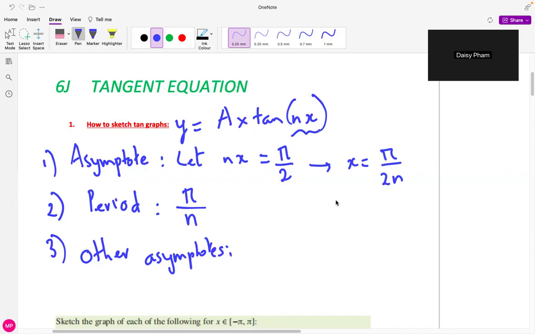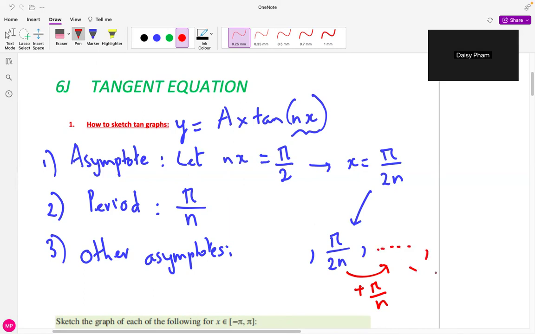You have one asymptote here, pi over 2n. Then to get another asymptote from it, the period is pi over n, so you add pi over n to the original asymptote, and then you get the new asymptote here.